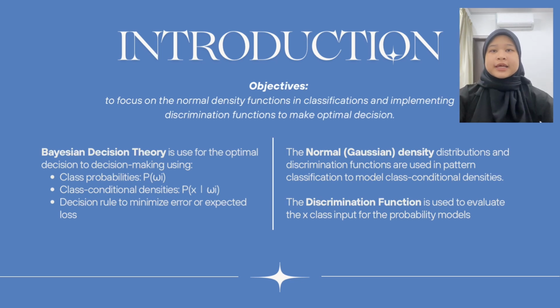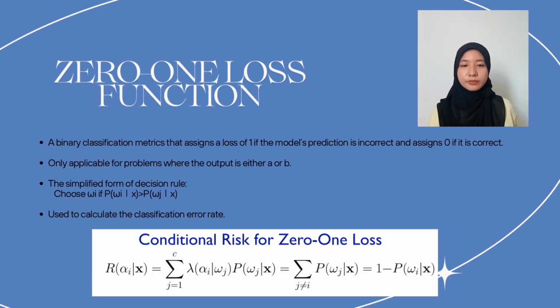We assume that the data follows a normal distribution, so it allows us to model class conditional density more easily using mathematical formulas. Once we have this probability, we can apply a discrimination function that helps us determine which class a new input most likely belongs to. So in short, this function evaluates the input X and compares it across different class models to find the best match that can help us make the most accurate decision.